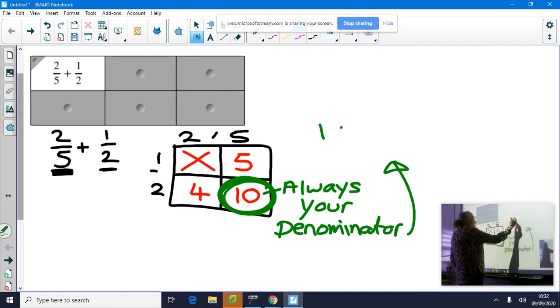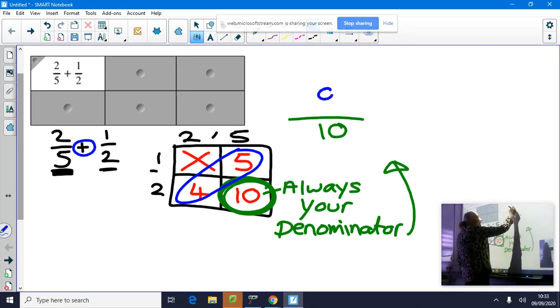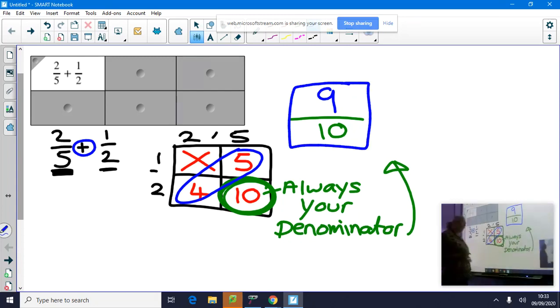Therefore, now I'm just going to double check here. Is this a plus? It is. So what do you think we're going to do with them numbers? Yeah, we're going to add them. 4 plus 5 or 5 plus 4, same as 9. So your answer is 9 tenths.